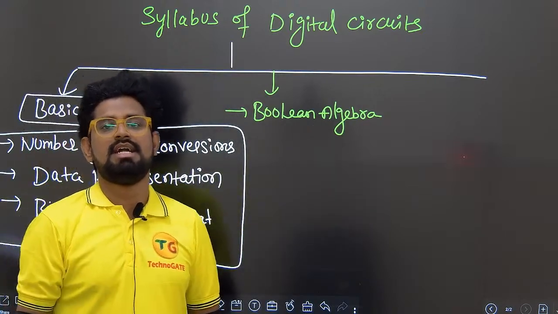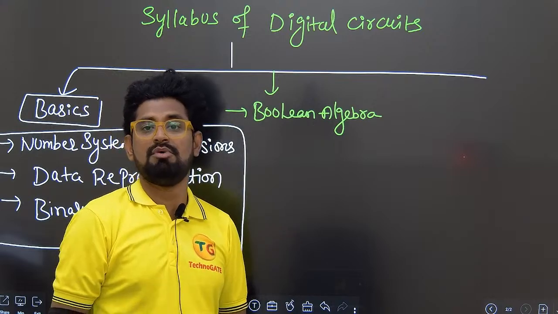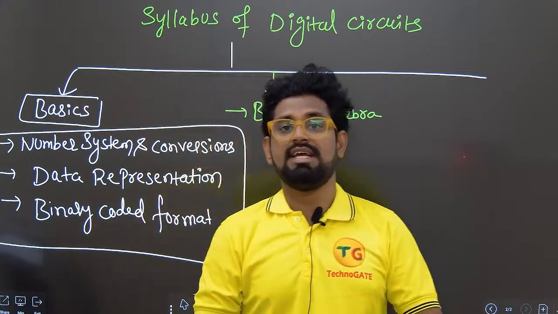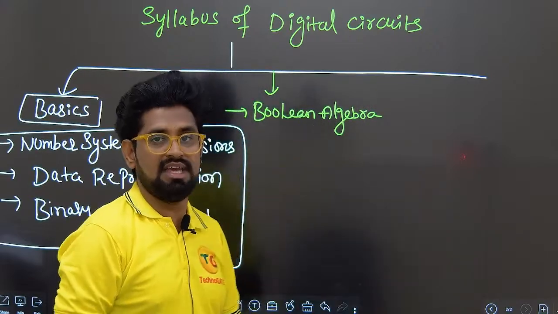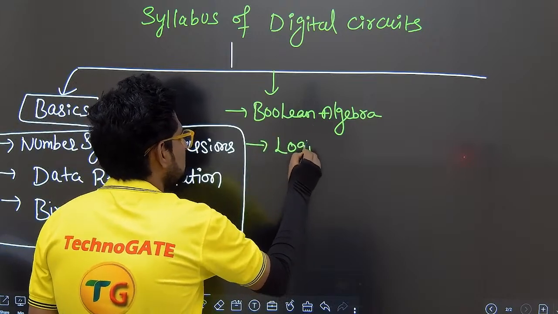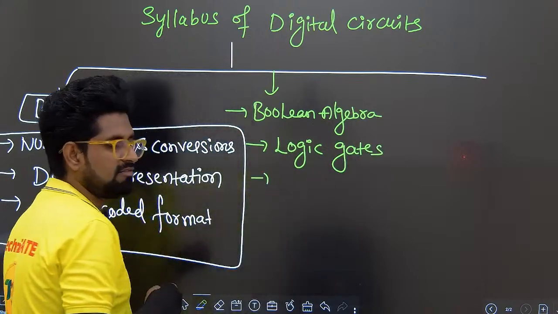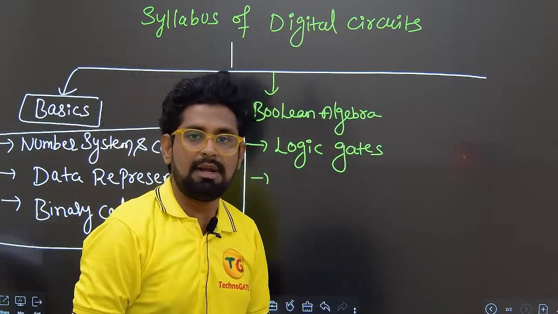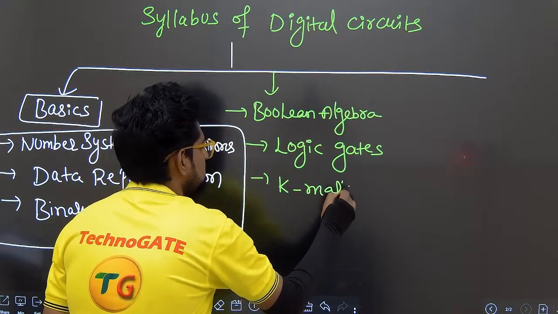So let's study what Boolean algebra is, what the properties of Boolean algebra are and what basics are present in Boolean algebra. Let us completely study it here. Then after, we'll study logic systems and logic gates. After completion of logic gates, let me elaborate on Karnaugh maps, K-maps.